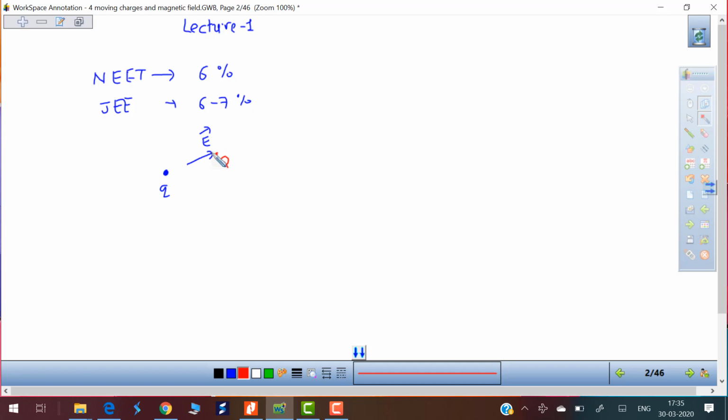F is equal to QE. E can be calculated in two ways. One is Coulomb's law and second one is Gauss law.